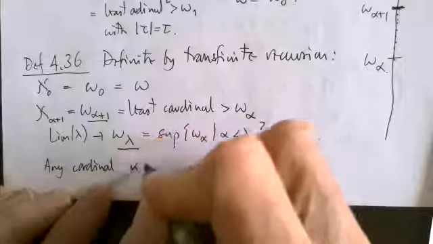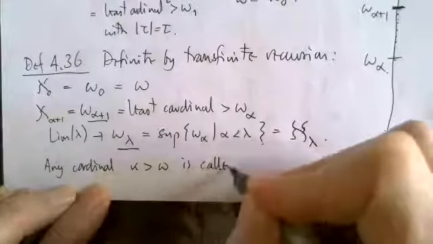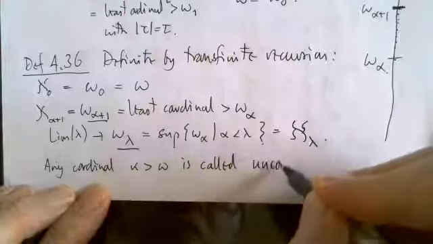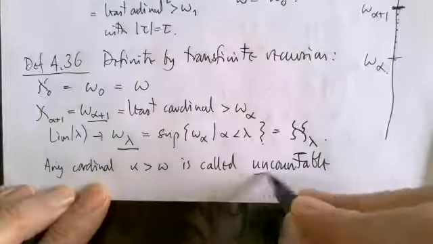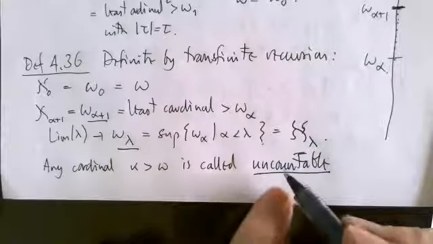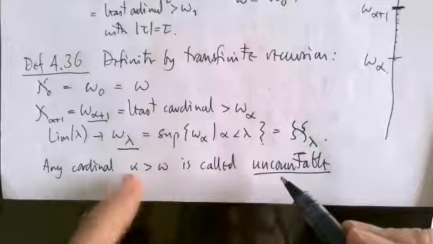So any cardinal kappa bigger than omega is called uncountable, because I can't biject it with omega, so it's not countable. So it's infinite and uncountable. And it's called a successor or limit, depending on where it sits.